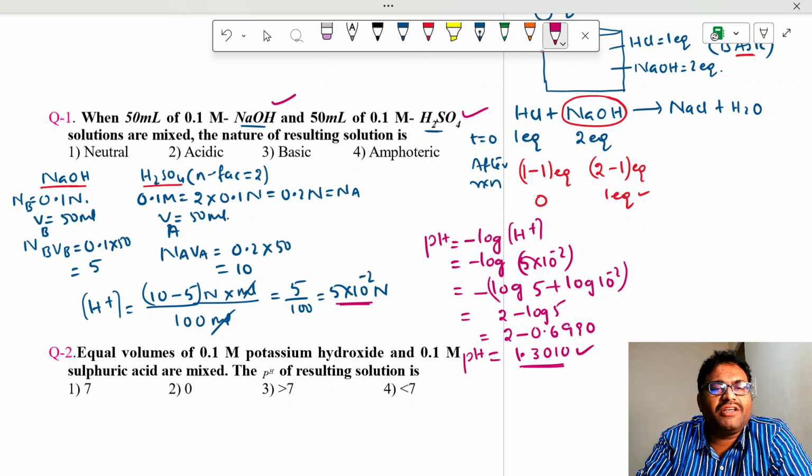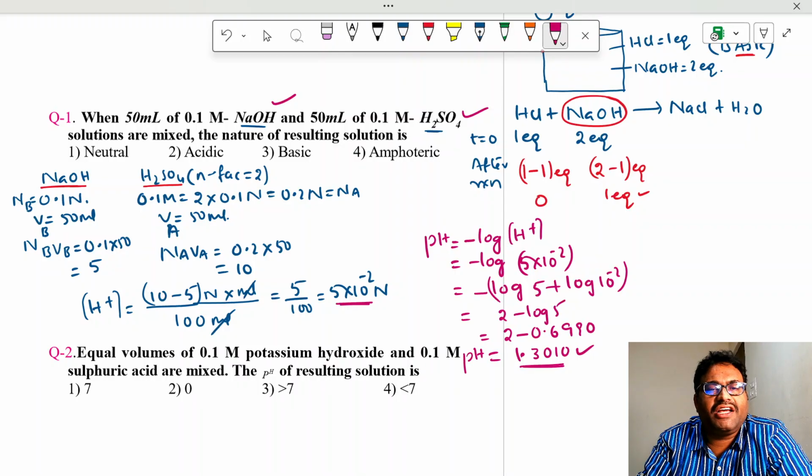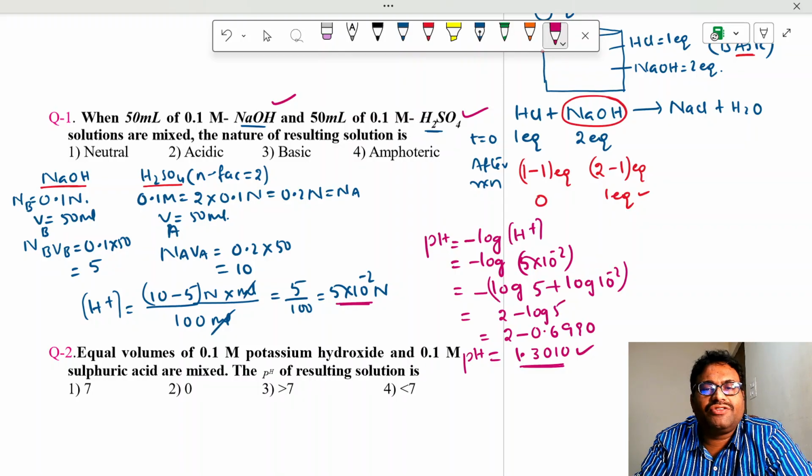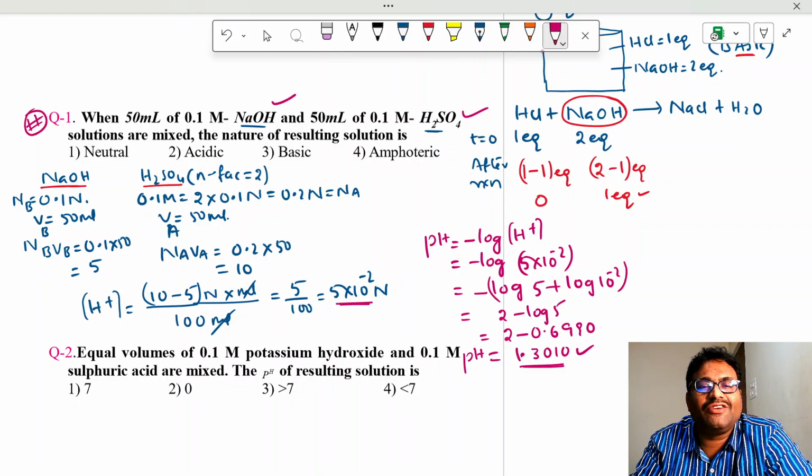So what are mixed here? NaOH and H2SO4 are mixed. When NaOH and H2SO4 are mixed, there will be an acid-base reaction. If both are the same, then it results in a neutral solution. If the acid number of equivalents is greater than the base number of equivalents, like this condition here, then it results in an acidic solution.